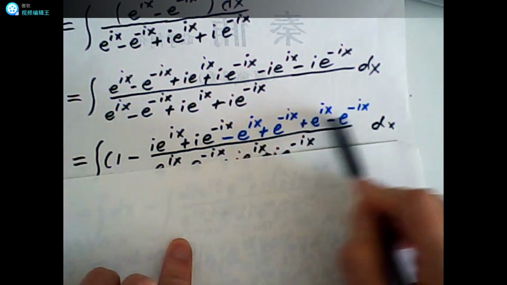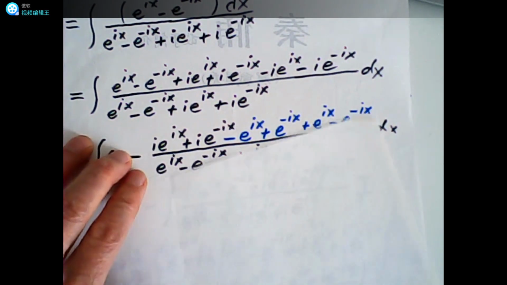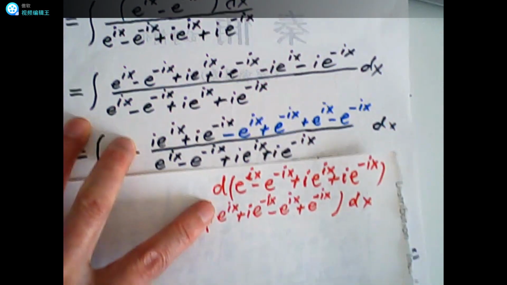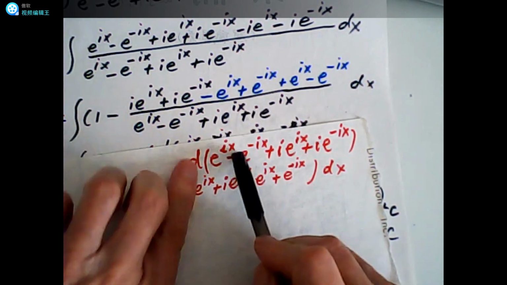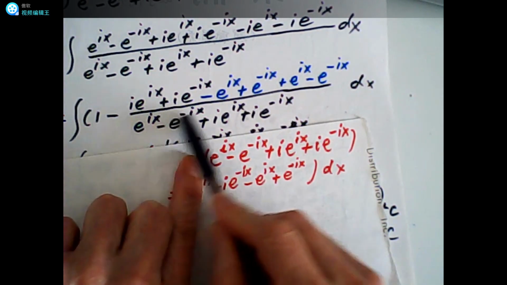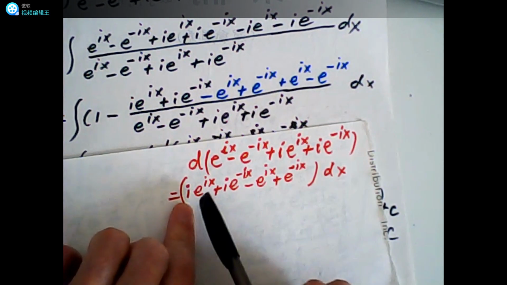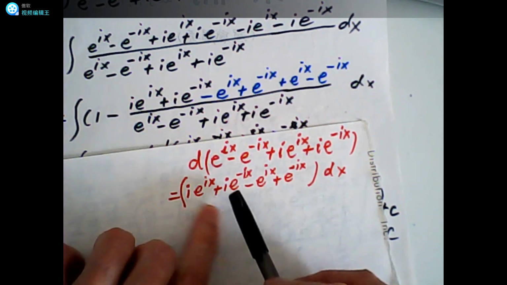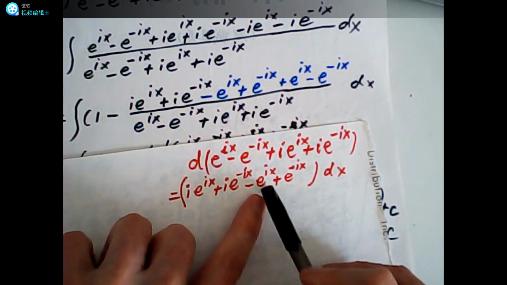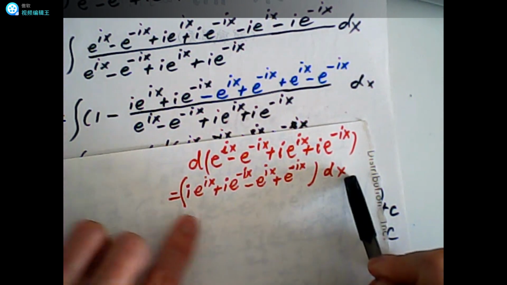So the reason of adding these 4 terms, because of this. Now this is denominator. The derivative of denominator will be equal to this. So this derivative is this, then times dx.